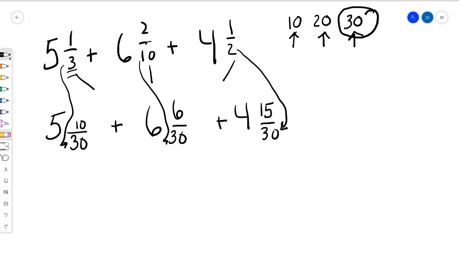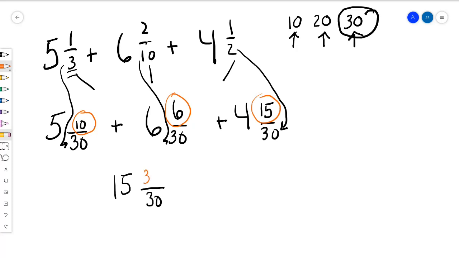All right, our next step now, let's add our whole numbers, 5, 6, and 4. That's 15. Like I said, our denominator, when we add fractions, always stays the same. Now I just add my numerators, 10, 6, and 15, and that's 31.